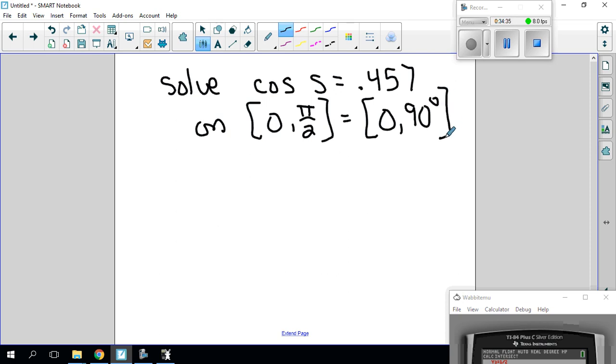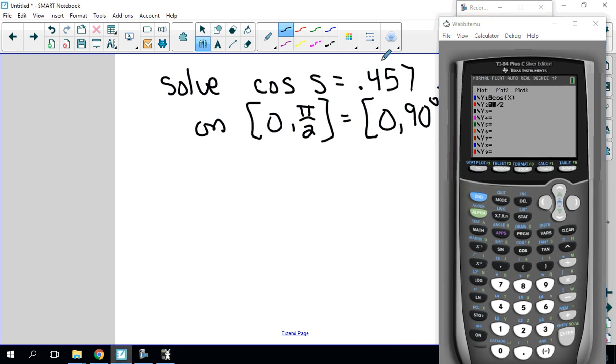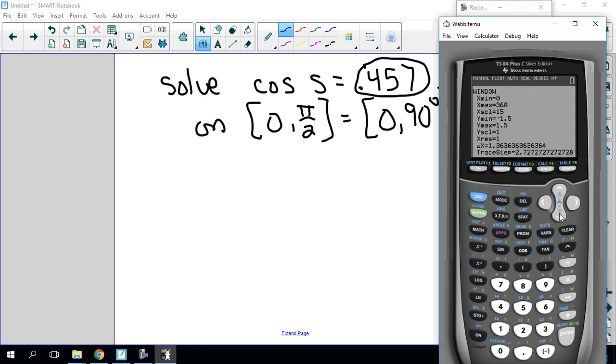So if I were to cheat, I would go y equals 0.457. Now this is not a unit circle number, no way. I would set my window 0 to 90.